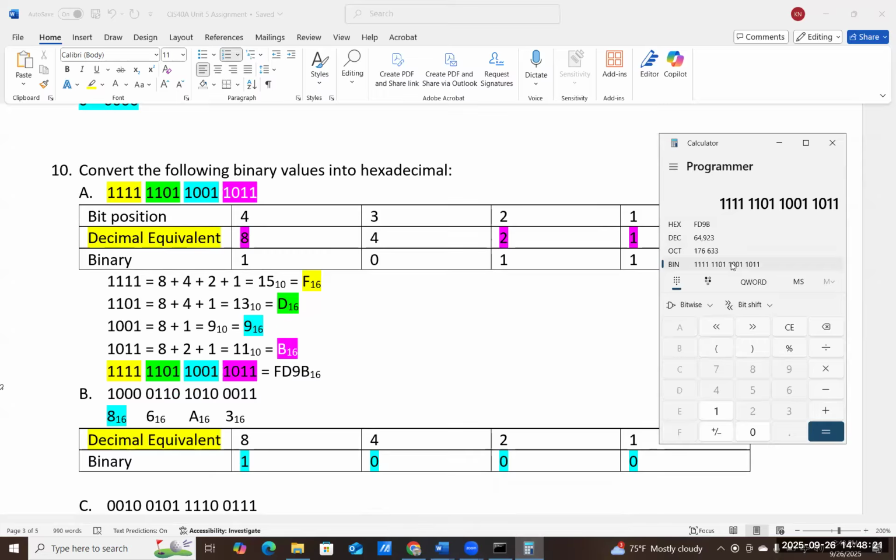And then same thing, you punch in hexadecimal, you just select hex. And then we can put in for question B, 86A3, right? It's going to give you the matching binary.